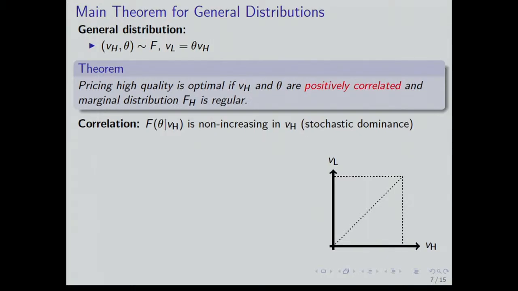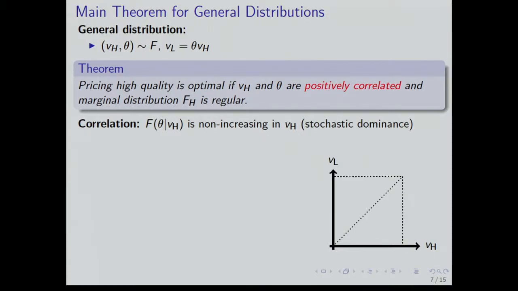Let's fix theta and increase VH. And it says that this is non-increasing. So it can only go down as VH goes up, meaning that the probability that theta is below some threshold goes up as VH goes up, which is some form of positive correlation, right? So it's the standard first-order stochastic dominance.